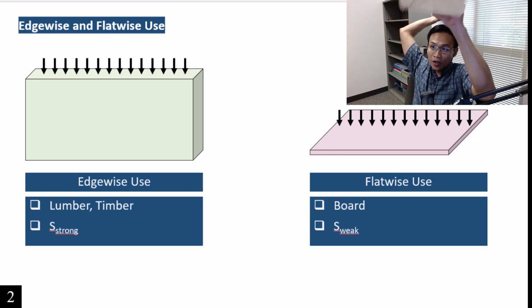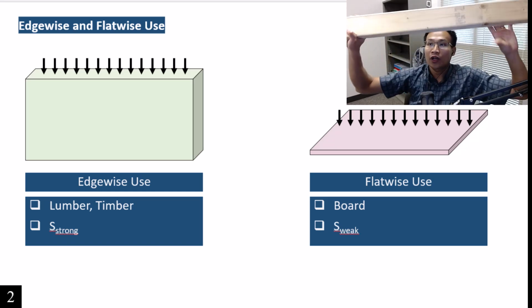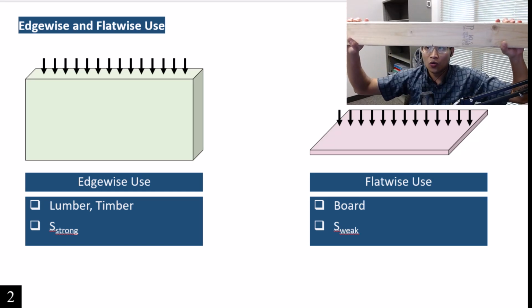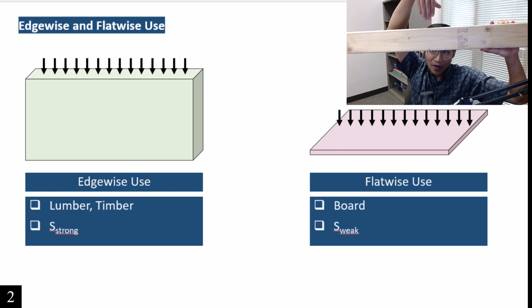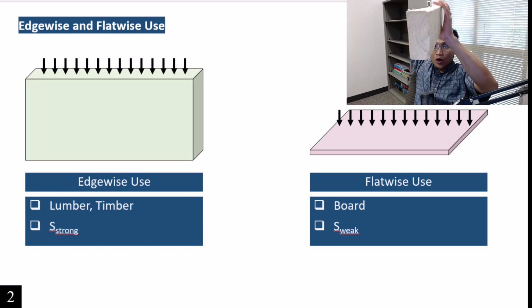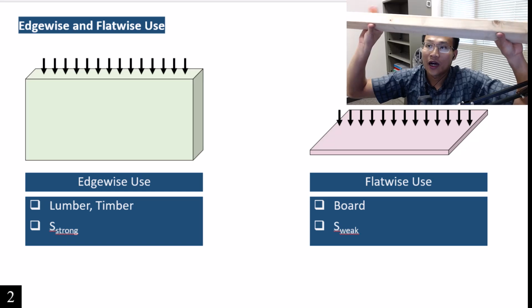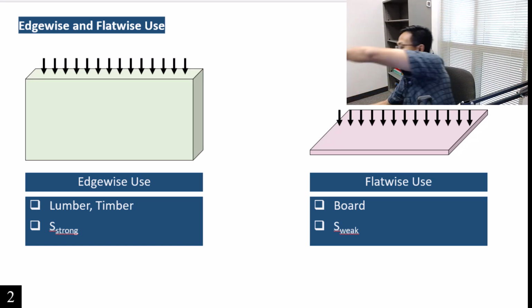So this one we're going to call flatwise use, and this one we're going to call edgewise. This one is a force applied to the edge. You can call this one the strong direction, and this one the weak direction.